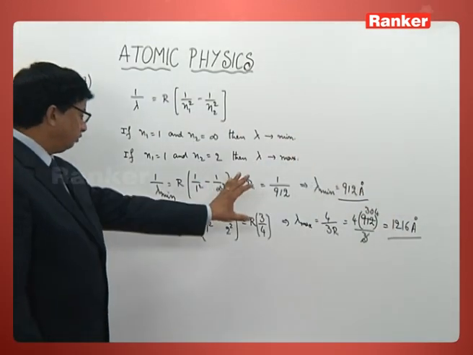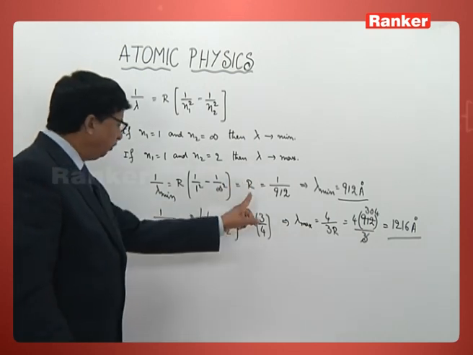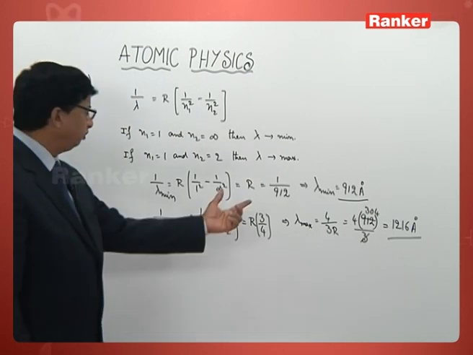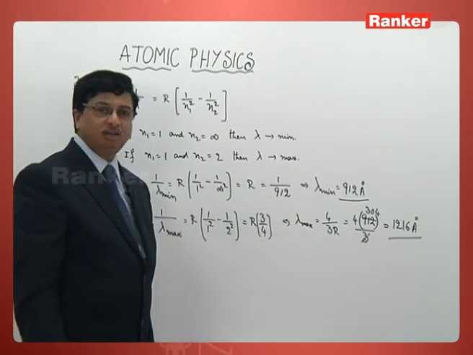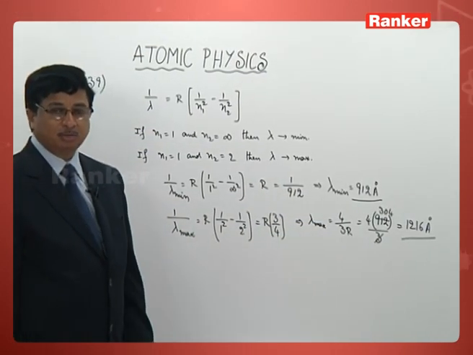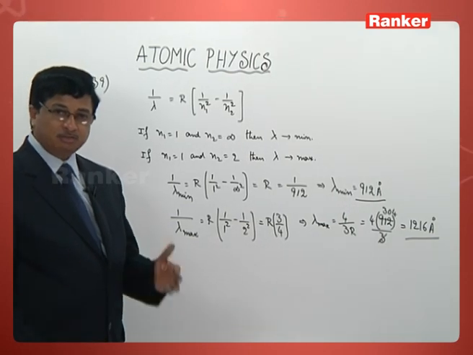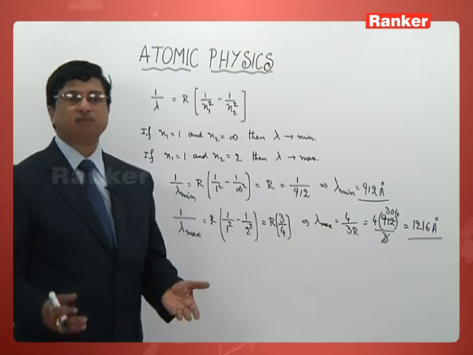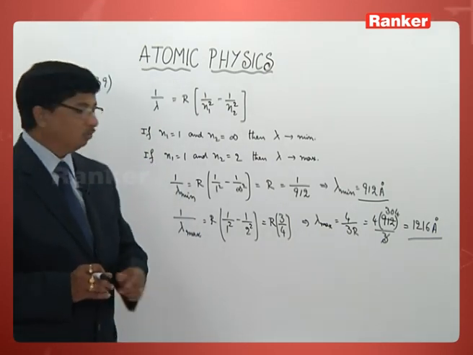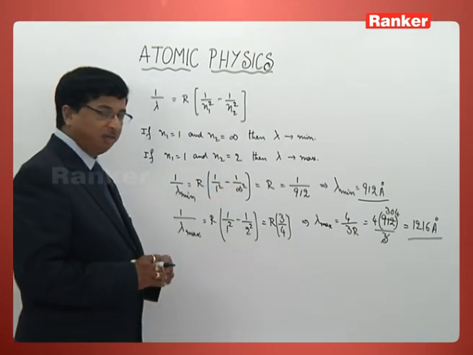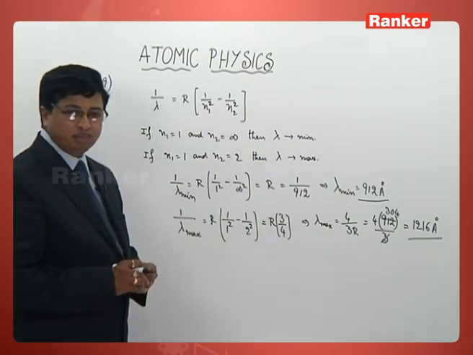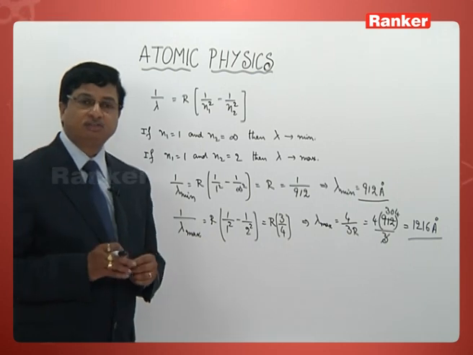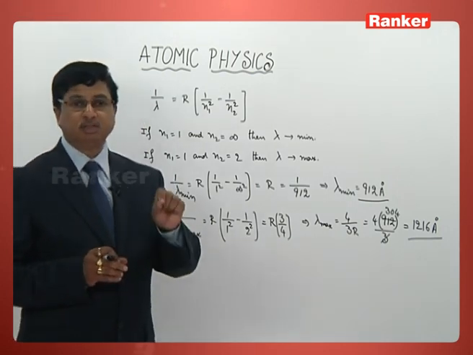So see the conversion there. The only point you need to remember is the rough value of R. If you can remember this, all those calculations, not only in the Lyman series I am talking, in Balmer, Paschen, Brackett, wherever and whenever you want, the calculation can definitely be made easier. So remember this value thoroughly and work out the minimum and maximum wavelengths in any spectral series, whatever has been asked in the problem.